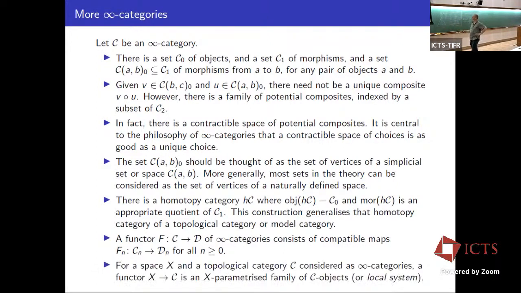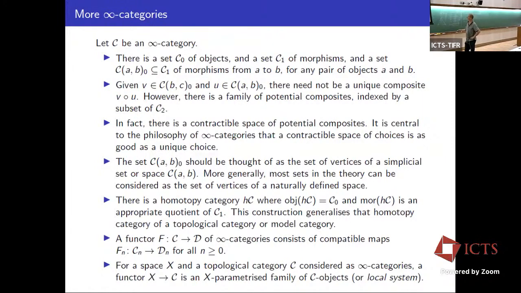And a key point about how all this fits together: if you've got a space X, which we can consider as an infinity category or even as an infinity groupoid, and some other topological category C, then it's very natural to think about continuously parameterized families of objects of C, parameterized by your space X. There are various ways you can do that in the more traditional theory of topological categories.